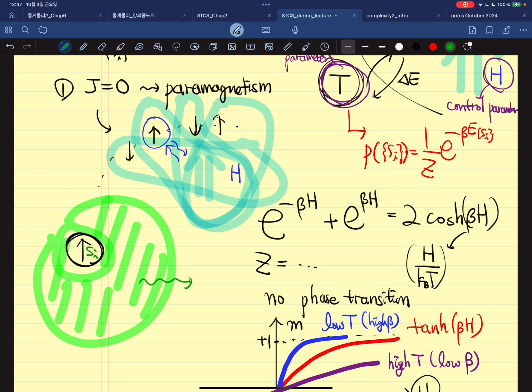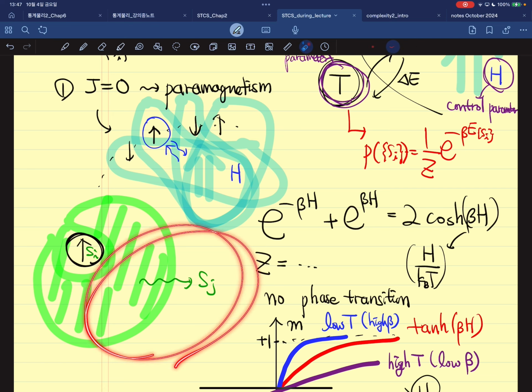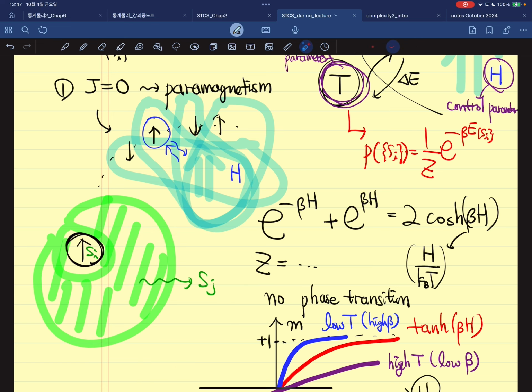You can consider all of the other environmental spins Sj as a single spin variable. And this treatment is actually exact for the paramagnetic system because there's no interaction between these Sj spins.